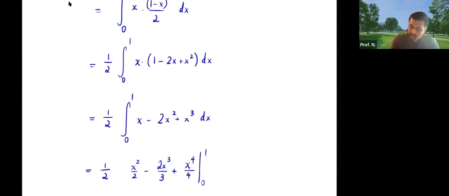This goes from 0 to 1. You plug in the 1, you get 1/2 minus 2/3 plus a 4th. And then when you plug in 0, you get all zeros.